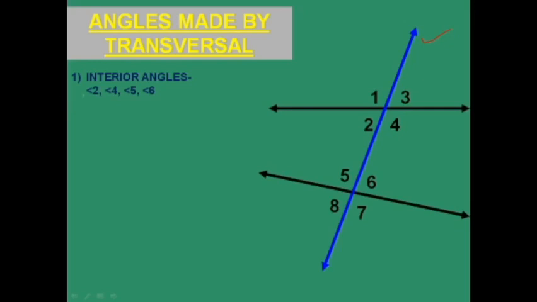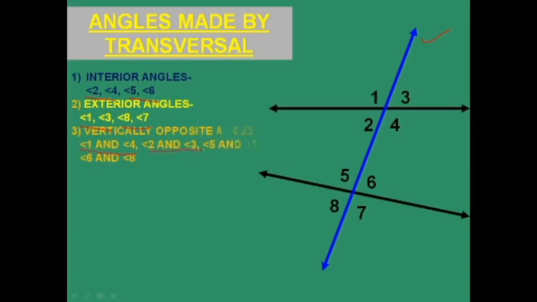So angles 2, 4, 5 and 6 are interior angles. Angle 1, angle 3, angle 8 and angle 7 are exterior angles. And angles 1 and 4, angles 2 and 3, angles 5 and 7, angles 6 and 8 are vertically opposite angles.